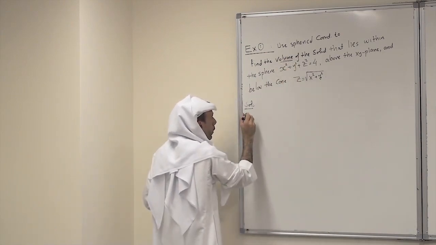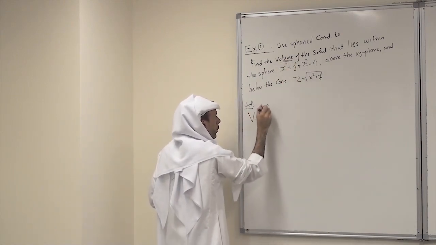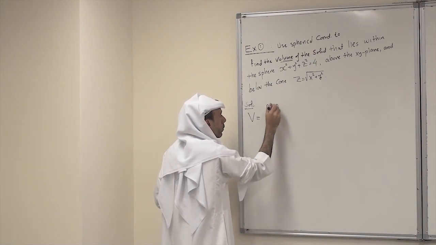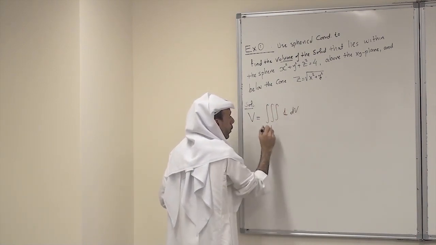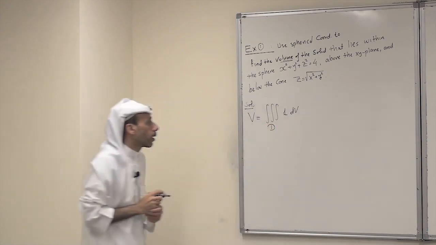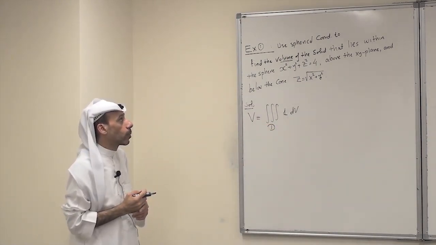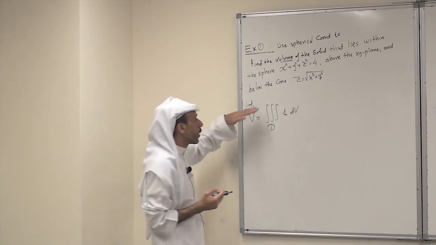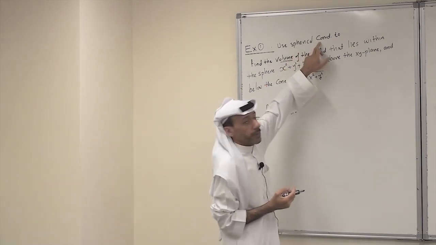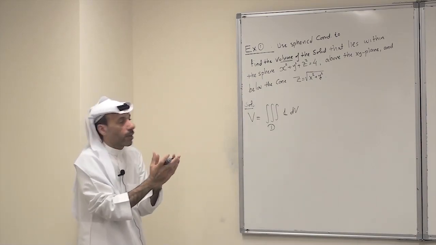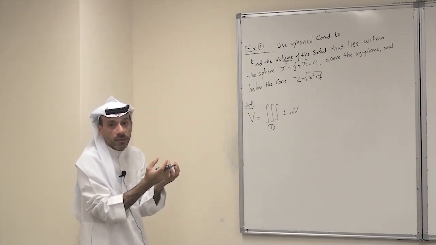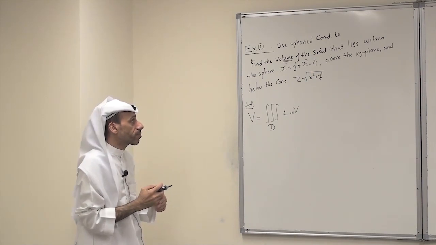The formula is just the volume equals the triple integral of 1 dV over the solid. So this is the general formula. Here we need to find the volume using spherical coordinates. So we first have to sketch the solid and then describe it in spherical coordinates.